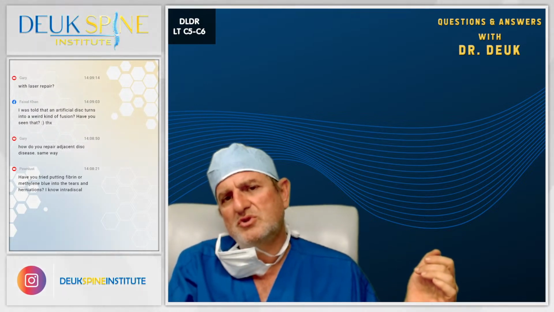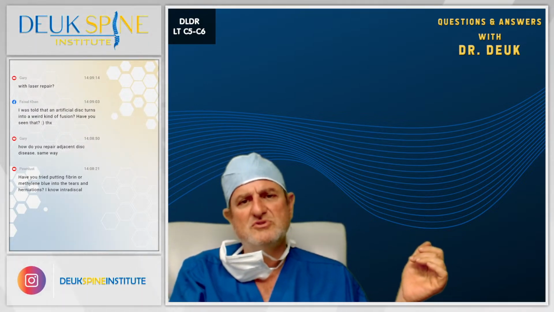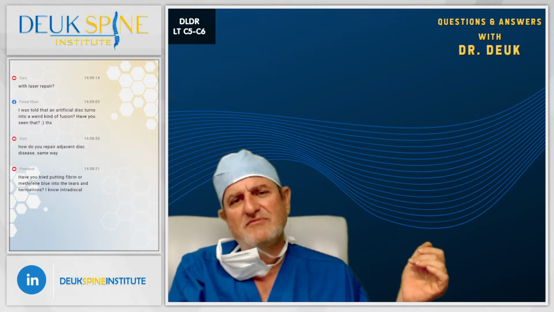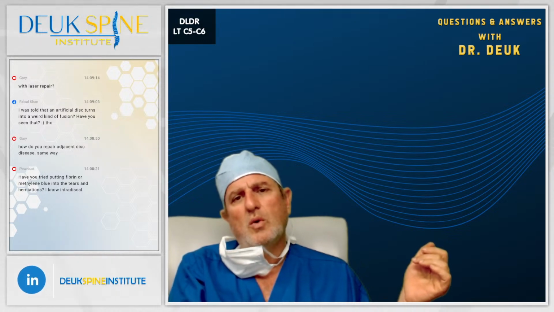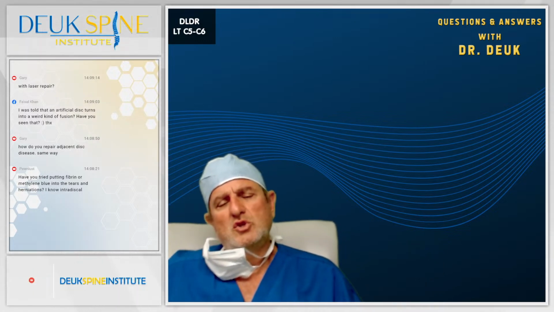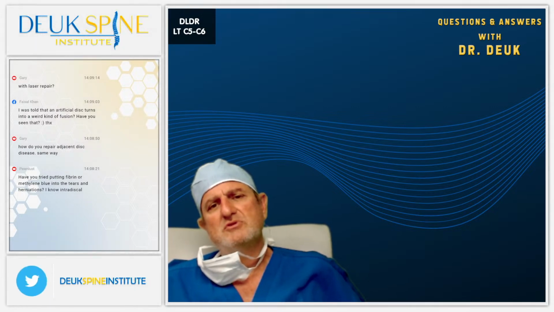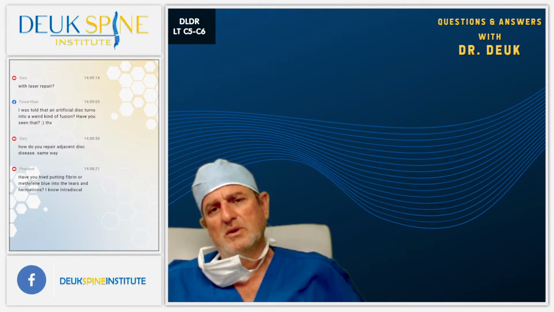Our procedures, the Duke plasma rhizotomy, the Duke laser disc repair, these are complication-free surgeries. We don't have complications from them. So right there, when you look at just postoperative complications or intraoperative complications, Duke laser disc repair, Duke plasma rhizotomy, zero complications. Other treatments have hundreds or thousands of complications or more.